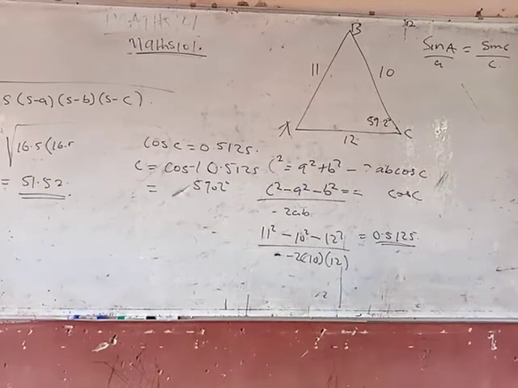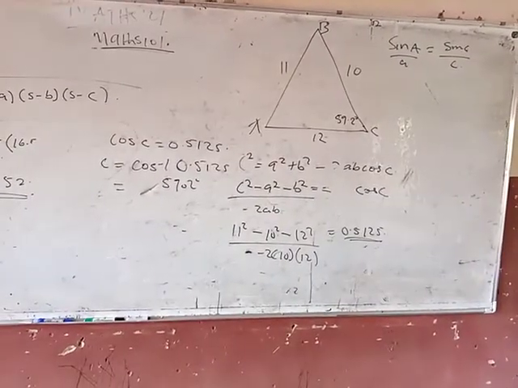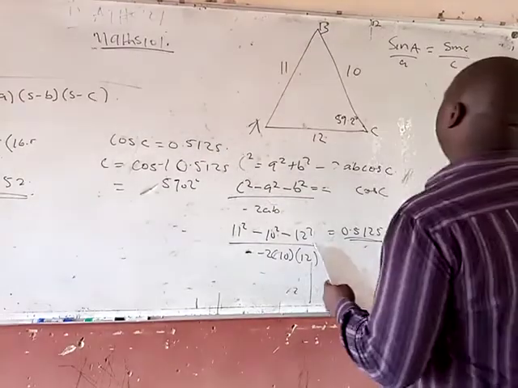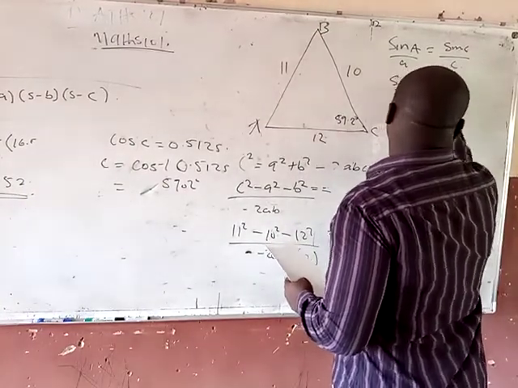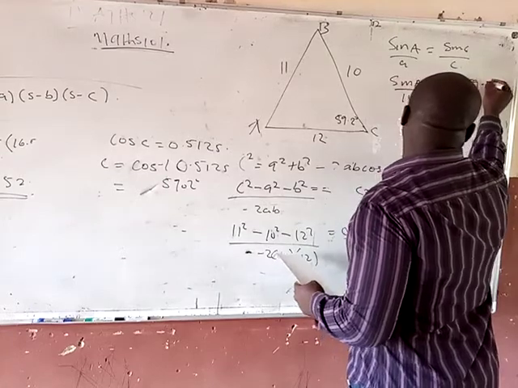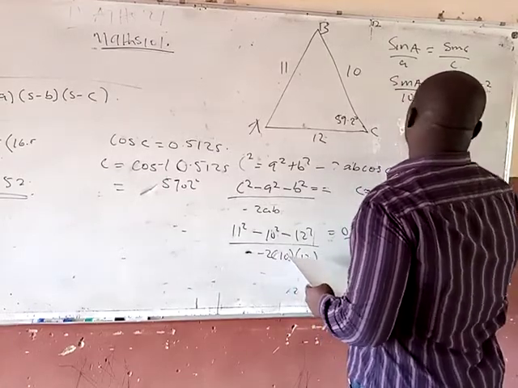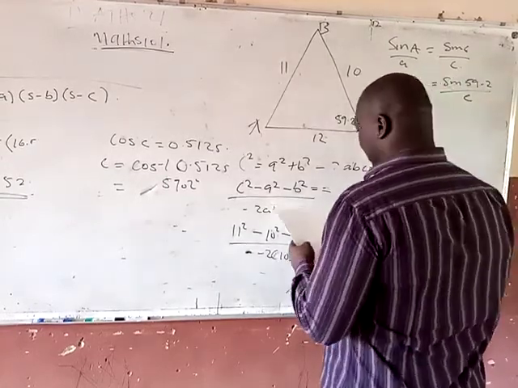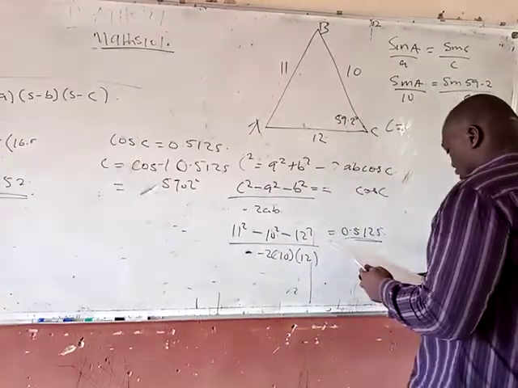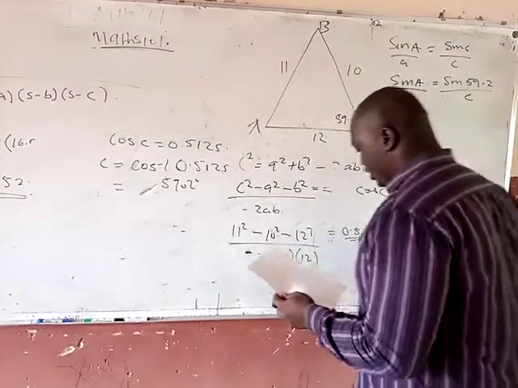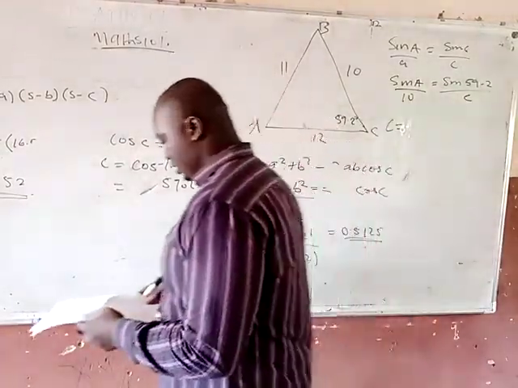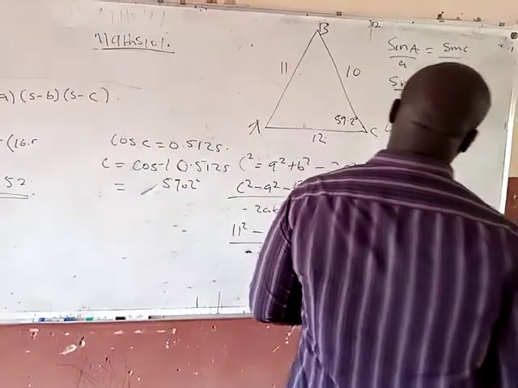So let's use sine rule and calculate the rest of the stuff. Sine of A is what we want to calculate. So sine A all over 10 is equal to sine 59.2 divided by C. We already have C, right?